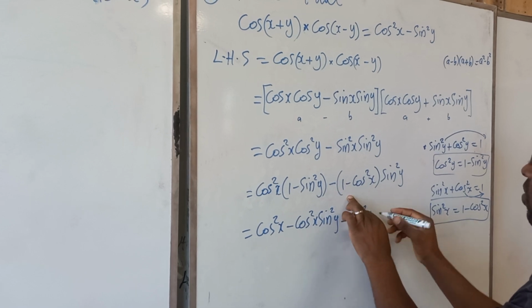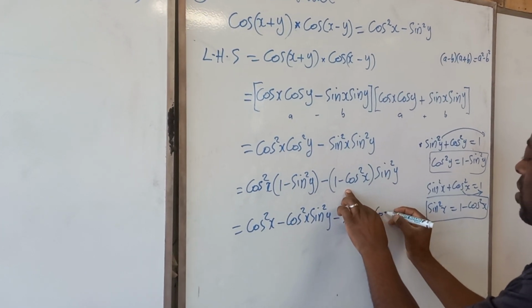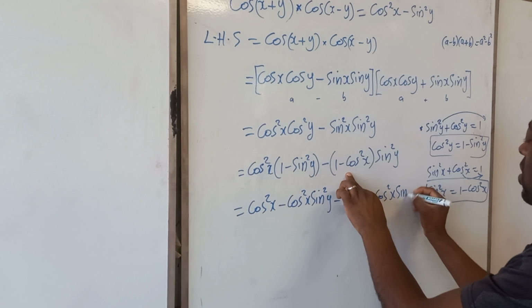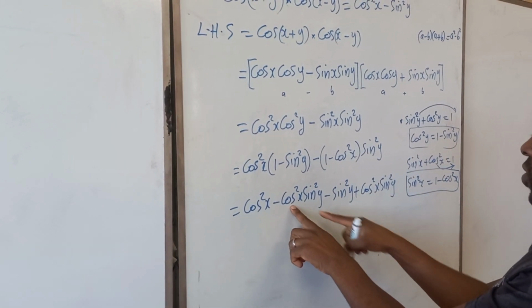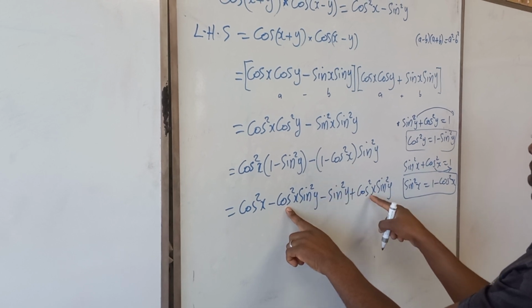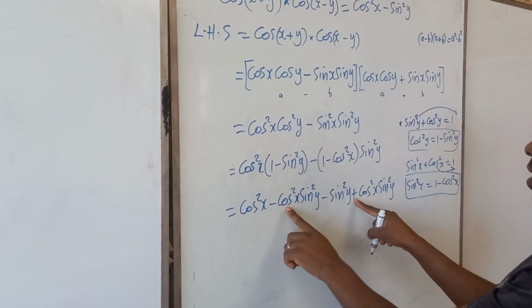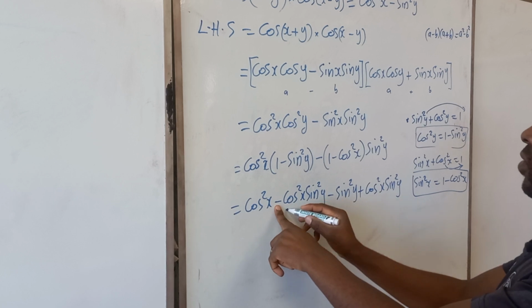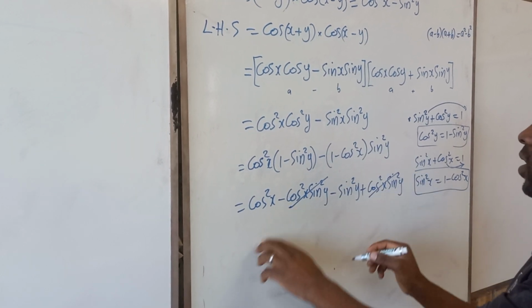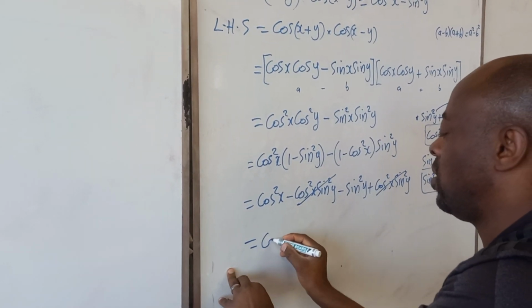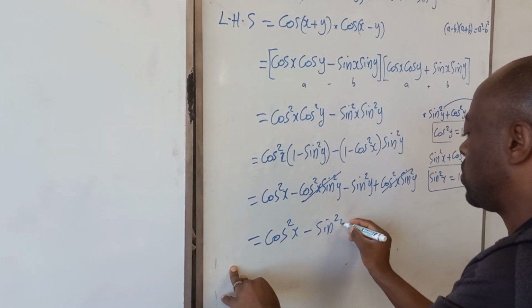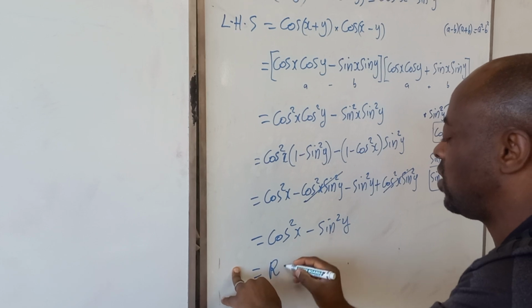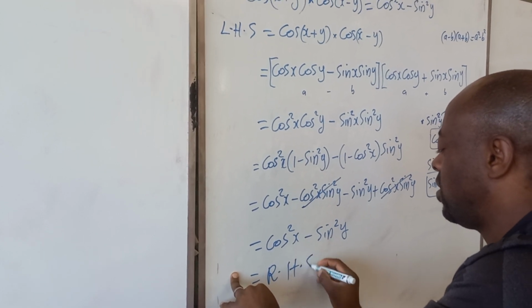Two negatives will become a positive cos square x sine square y. So at this stage you see that cos square x sine square y, cos square x sine square y, they appear with opposite signs. So this one takes care of this one. So I'm left with cos square x minus sine square y, which is exactly what we expect on the right hand side.